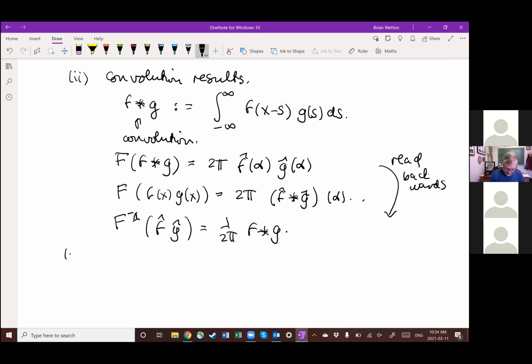Okay, some other things. If I take the Fourier transform of a shifted version of my function, so I shift it to the right by a distance c, then I just get a multiple of the transform.